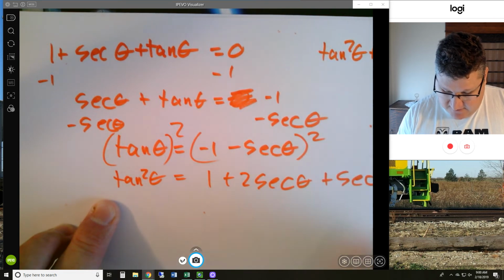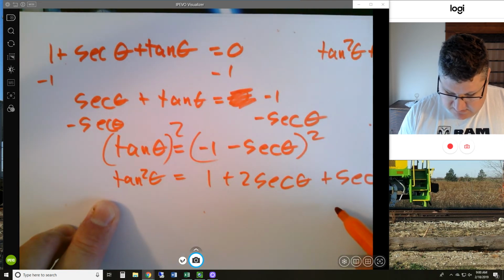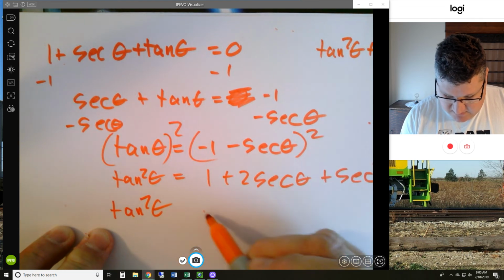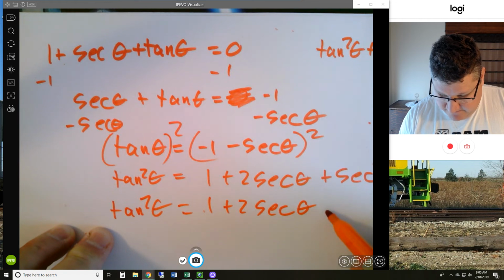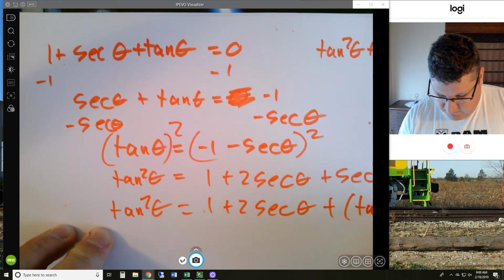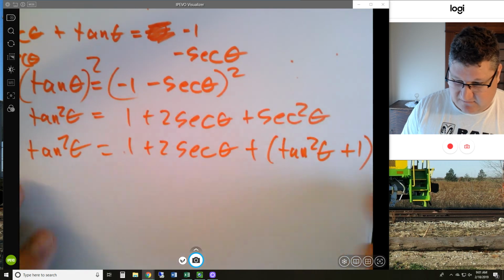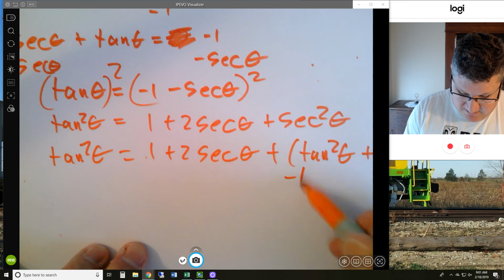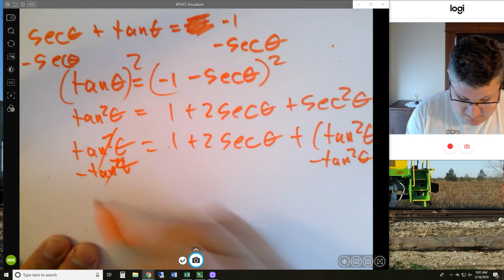So this is getting bad. Tan squared theta equals 1 plus 2 secant theta plus tan squared theta plus 1. Okay, so I guess we could do that by replacing secant squared theta with tan squared theta plus 1 per the formula. Now, minus tan squared theta from both sides.